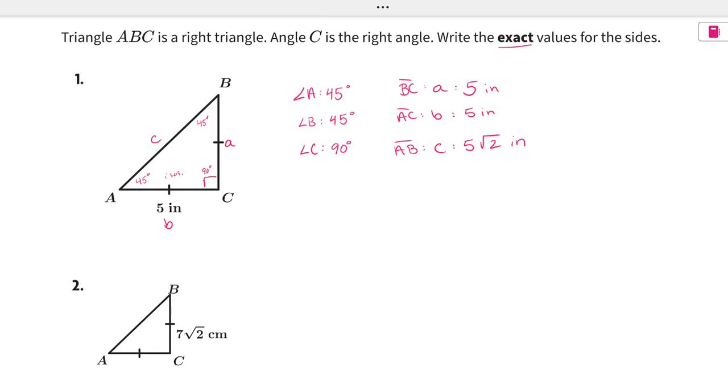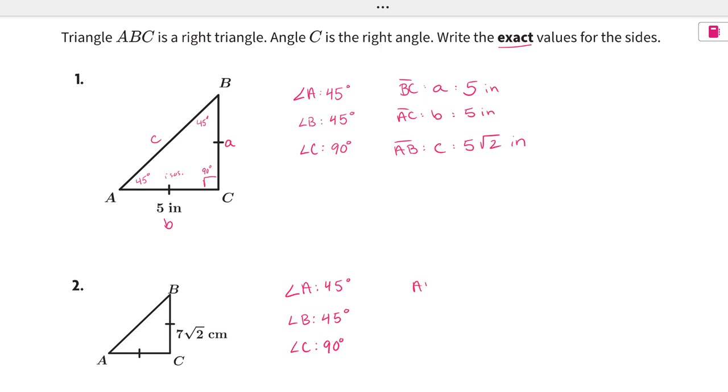Okay, question 2. We have another isosceles triangle, and angle C is still 90 degrees, so again we're at 90 degrees here, which makes these both 45 degrees each. So angles A, B, and C are completed.